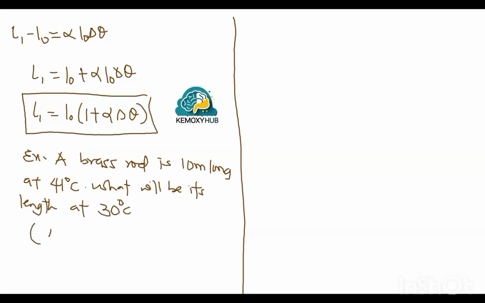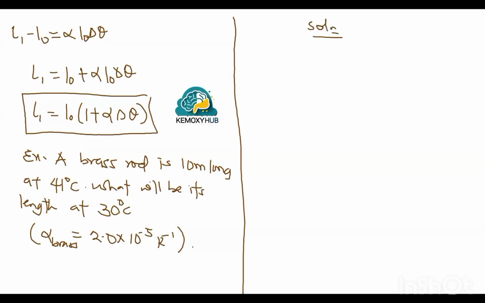We are given that the linear expansivity of glass is equal to 2.0 times 10 raised to power minus 5 per Kelvin. So we want to find the new length. So just the solution now.